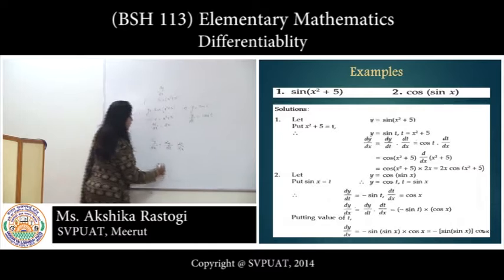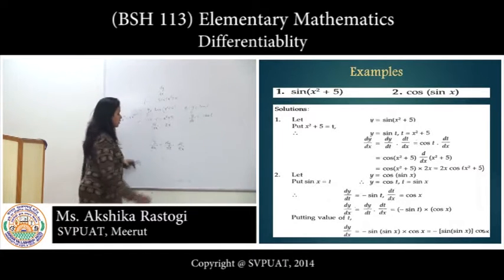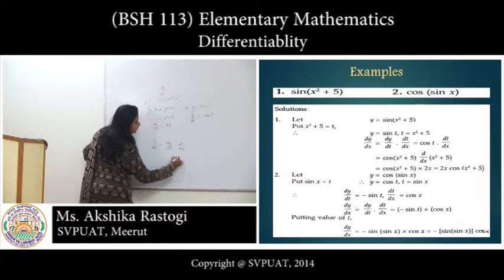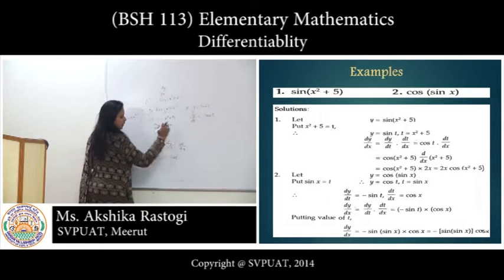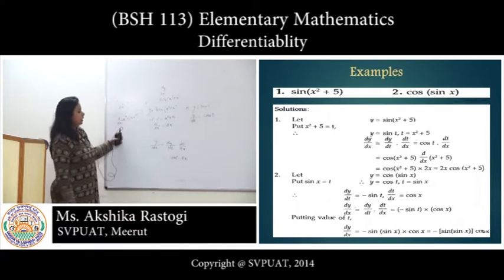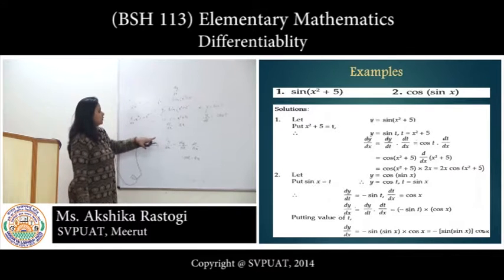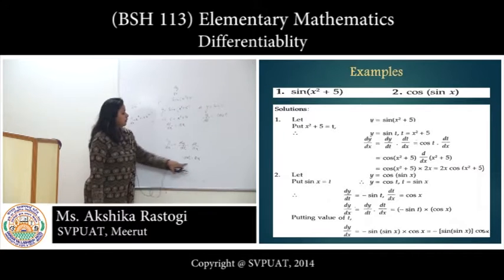So I think we have all the values right now. dy upon dt is cos t, and dt upon dx is 2x. But we have to notice one thing: because we are differentiating y with respect to x, the answer should be in pure x.